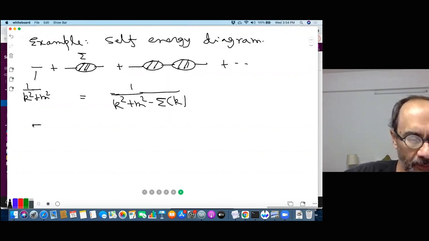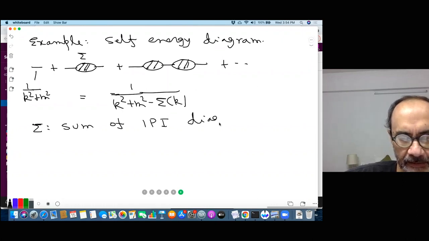Let me remind you, in a quantum field theory, sigma is a sum of 1PI diagrams, one particle irreducible diagrams, the diagrams which cannot be cut into two parts by cutting one internal line, with one external state on each side.